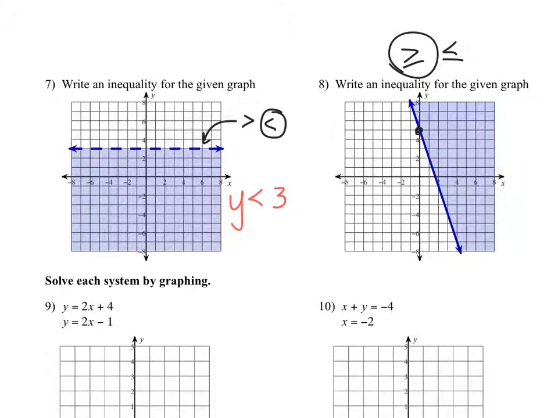So I'm starting at 5, and I notice if I find more points on my line, I can count this slope is -3 over 1. All right, that means this is going to be y is greater than or equal to, right? That's the symbol I just picked. -3 over 1x, or you could just say -3x plus 5, because I started at 5.